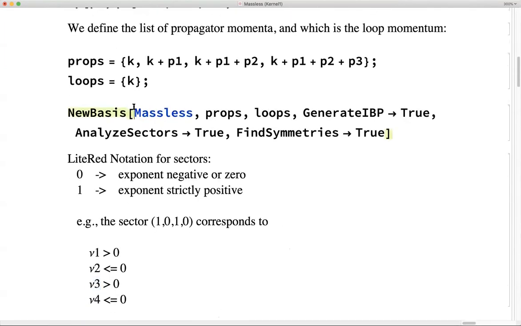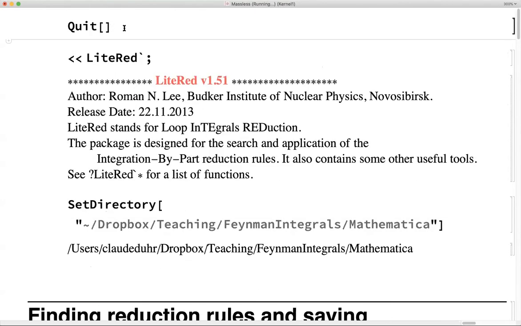And so if I run this, it should actually hopefully do it. Let me start again. Maybe I missed some execution.